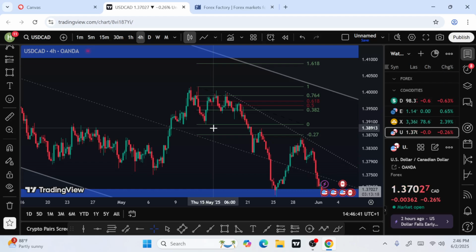Is that not so? Before you come to your entry on lower time frame. See the first 4 hour candle. Boom. See the second one. Boom. So are you supposed to take a sell here? It has not formed any pattern yet. That is why I said you analyze on your higher time frame, then come down to your lower time frame for entry. Are we following, please?